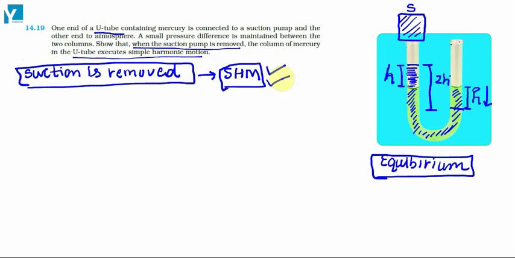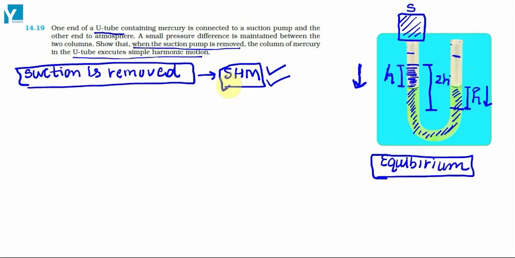When we remove the suction, there will not be any pressure difference between the two ends of the U-tube, and the extra liquid which has risen to this height will try to regain its original position.